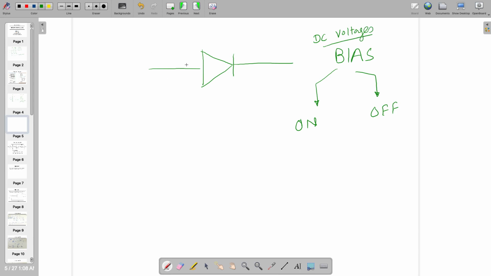When the anode is 0.7 volt higher than the cathode side, this is forward bias, right? It means it's on. There might be some resistance and all these things, but we do not look at that.